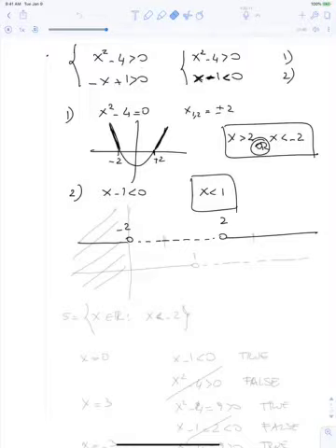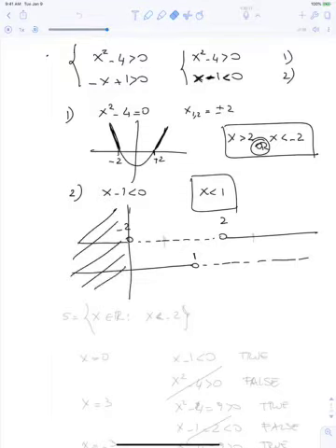Now the second one is easy. 1 is going to be approximately here. And then all the values below 1 are going to be accepted. All the values above are not going to be accepted. Now we only care about the intervals where both solutions are verified, so it's going to be here. X belonging to R such that x is less than minus 2.